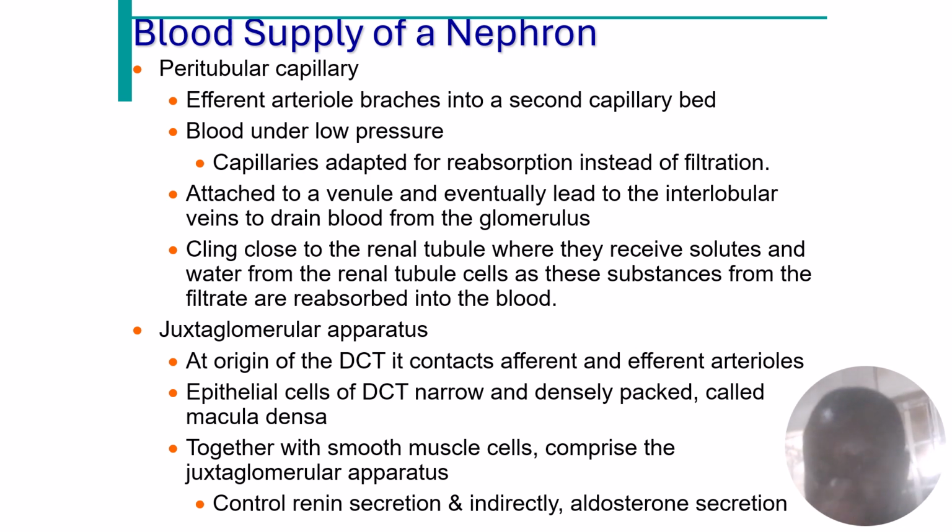So, blood supply of the nephron: the efferent arteriole divides into peritubular capillaries that cling very close to the renal tubule. This helps to supply oxygenated blood and nutrients to the tubular cells, as well as to provide an environment for reabsorption of materials back into blood or secretion of unwanted substances that could not be filtered back into the filtrate.